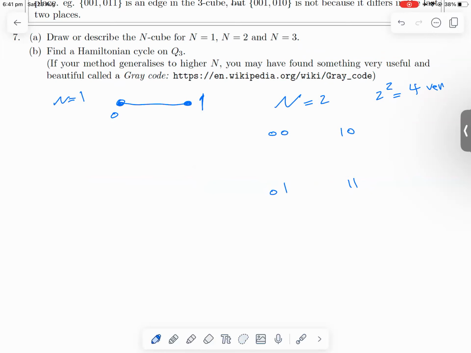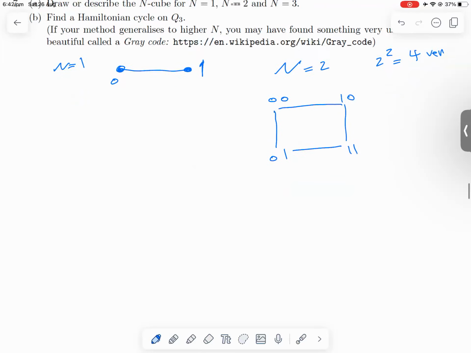You see that 0, 1 and 1, 1 have one difference, so we draw an edge between them. This one also qualifies for an edge, and this one too. This one is no, because 0, 0 and 1, 1 are two different.